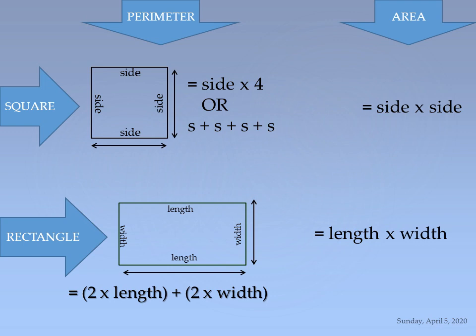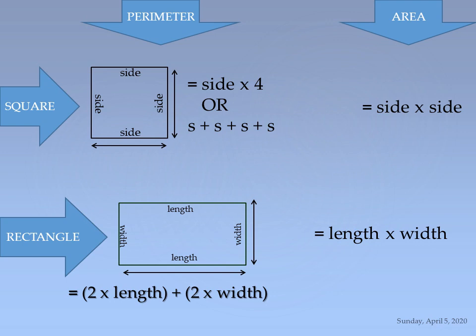Now that we know that perimeter measures all the sides outside the shape, if for example one side of this square is 4 centimeters, what will be the perimeter of the shape?